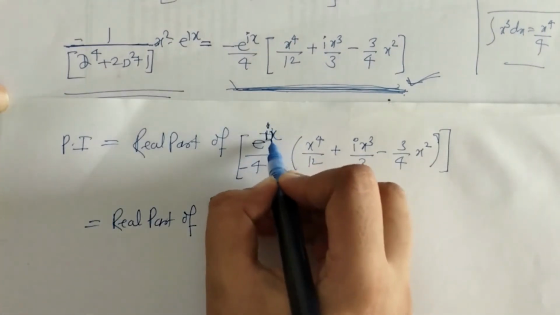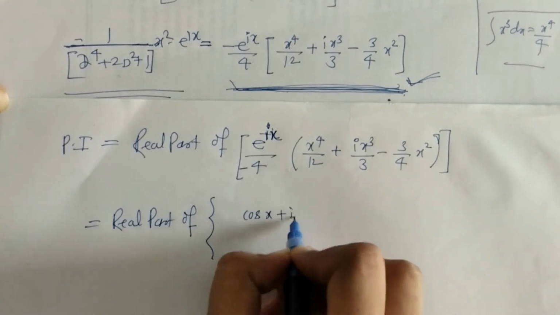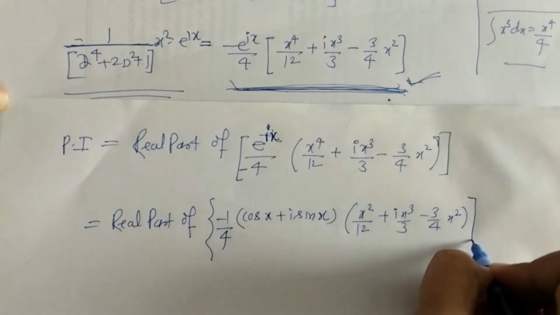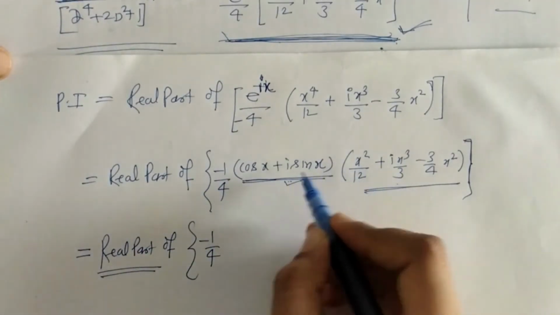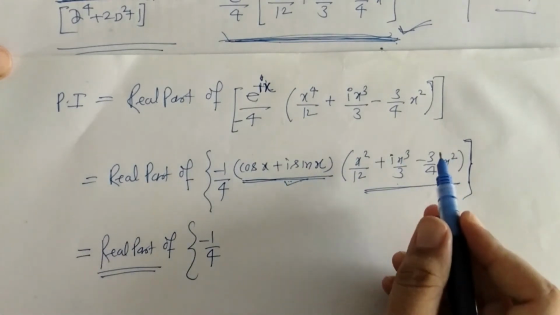For finding the real part, we have to write e raised to ix as cos x plus I times sin x. We need the real part of this expression, right? That means we need the term which is free from I, right?